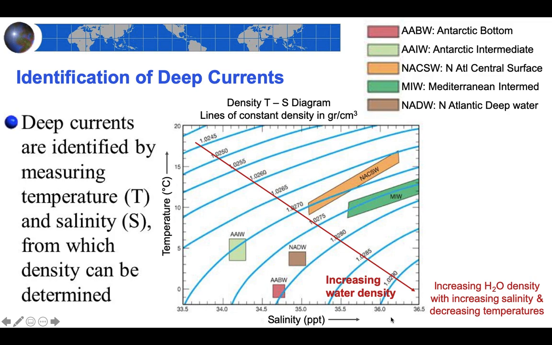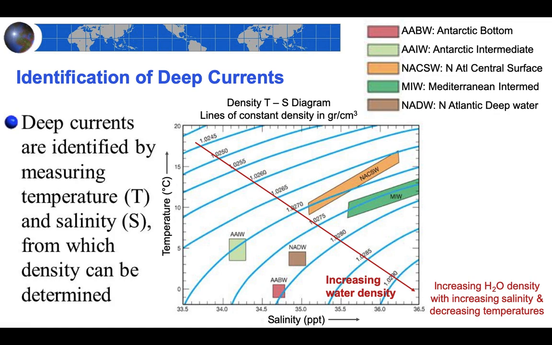So as you remember, temperature and salt content, or salinity, affect the density. So as the temperatures go down in this direction and the salinity is increasing in this direction, along this red arrow, you are increasing the water density with increasing salinity and decreasing temperatures. So these are the higher density regions on this TS diagram.